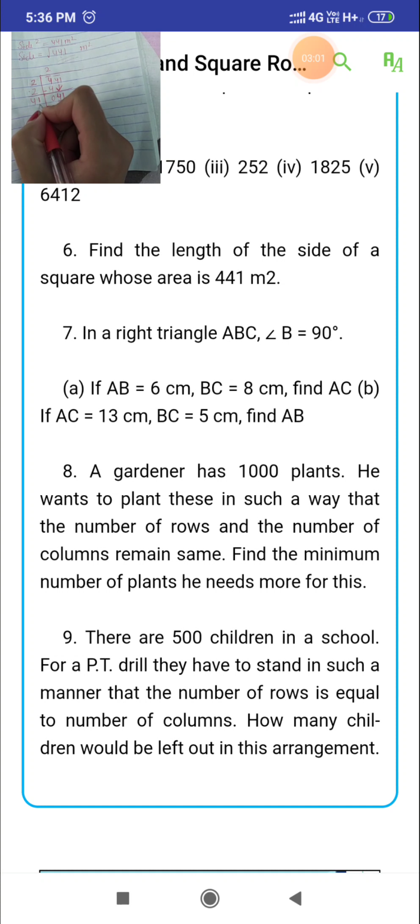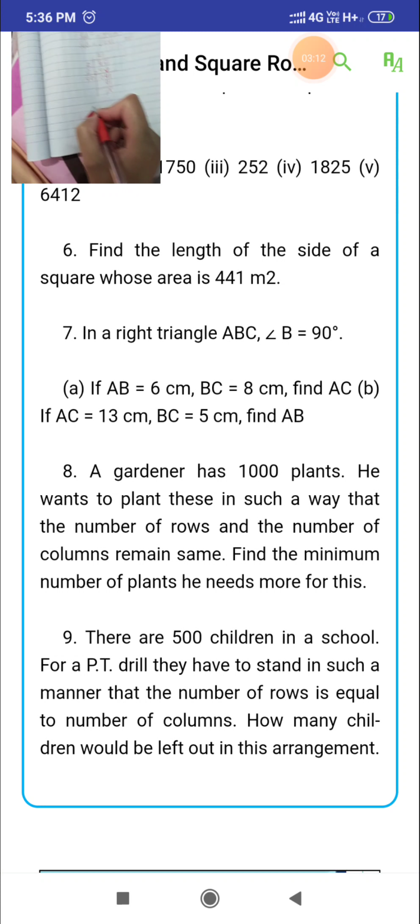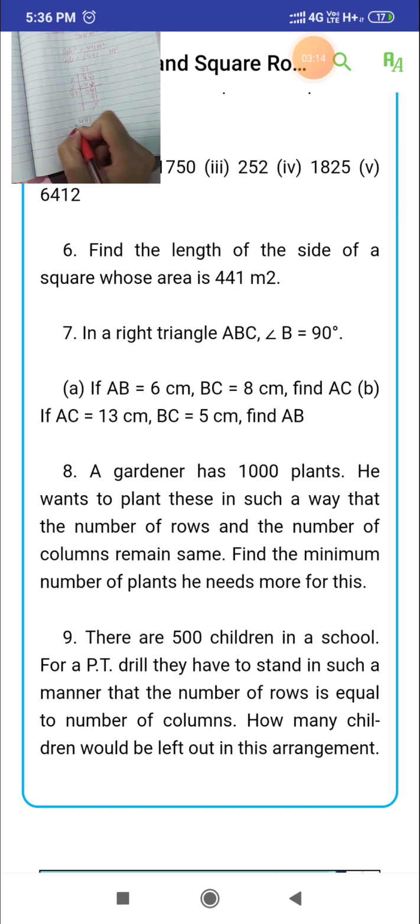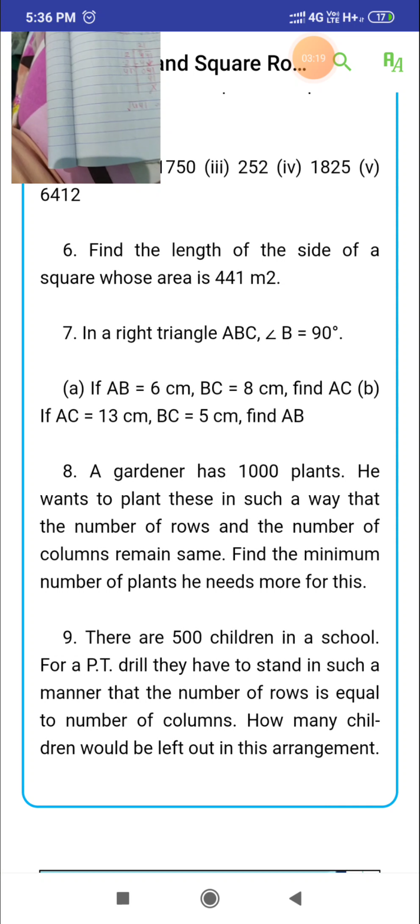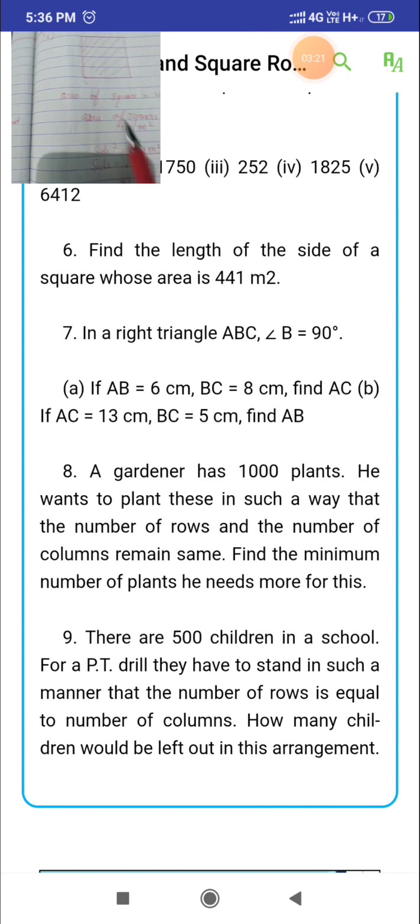So if we put 1 to the right side of 4 and multiply this whole number by 1, we have 41. So square root of 441 is 21. It means the side of the square is 21 meter.